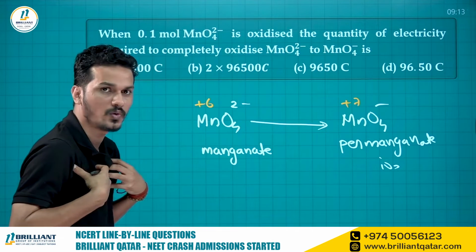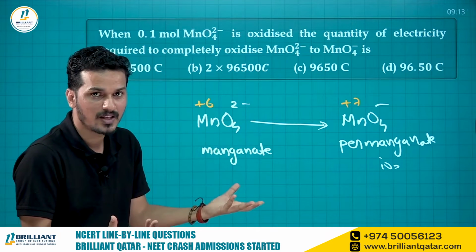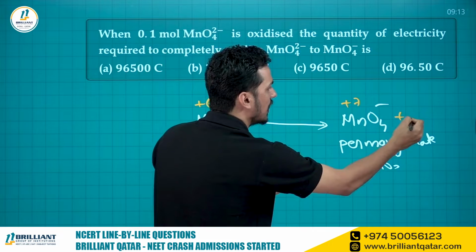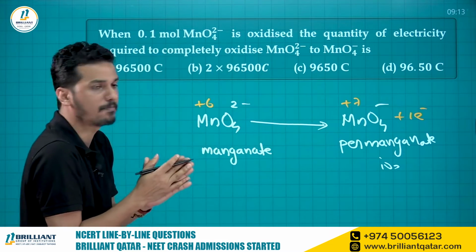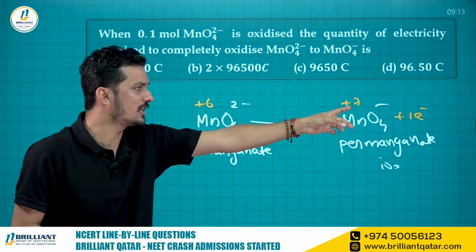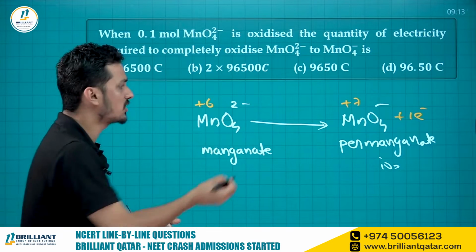Now this +6 becomes +7. During that time, they are losing one more electron. That's the oxidation actually happening. Only then can they become +7.